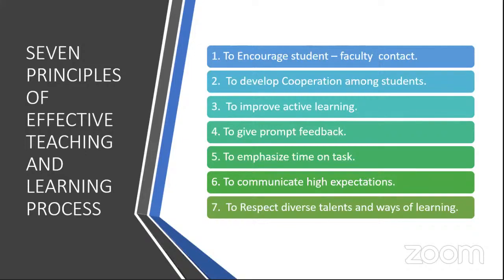In our class, we have students with multiple and different talents. We must respect each and every one. Some students will learn in a quick manner, some will be slower learners. So we must respect each and every one. These are the 7 principles of effective teaching and learning process.